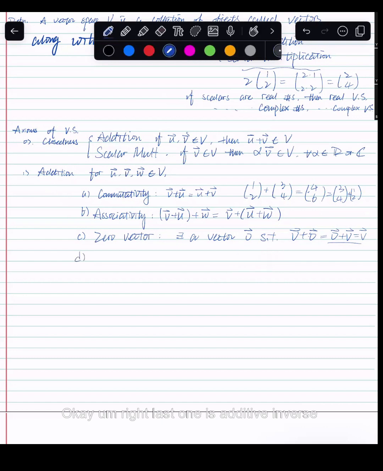Right. Last one is additive inverse. So that means for every vector v inside this vector space, capital V, there always exists a u inside this capital V, such that u plus v equals the zero vector.